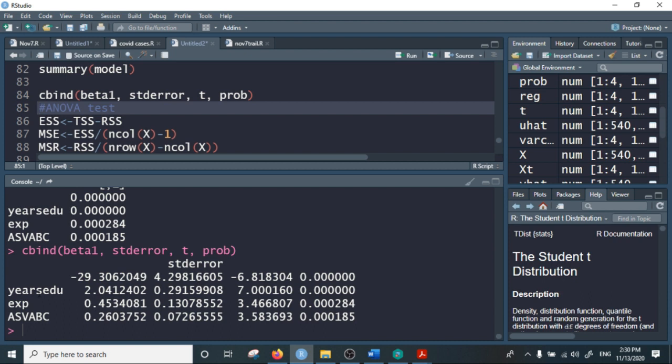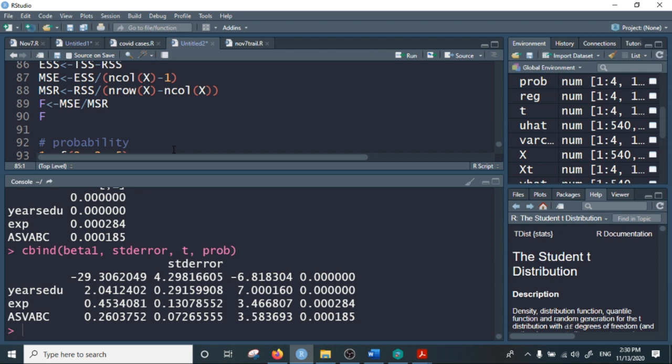The first column is the coefficient vector, second one is standard error, third one is t ratio, and the fourth one is probability. And you can compare this number with the results from the estimated model from the inbuilt function.